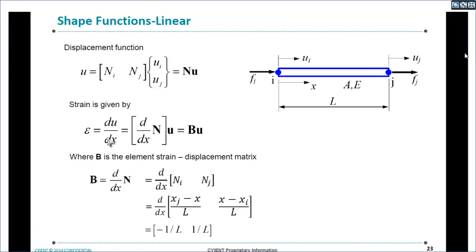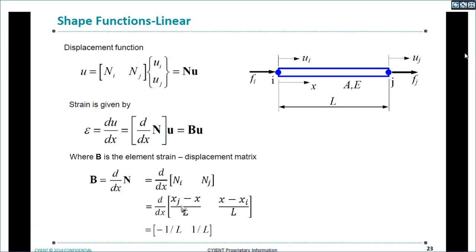So strain, for the 1D problem we already discussed, is given by differentiation of the displacement function with respect to x. So when you differentiate, u is taken out and we have dN by dx. Here N is the shape functions.